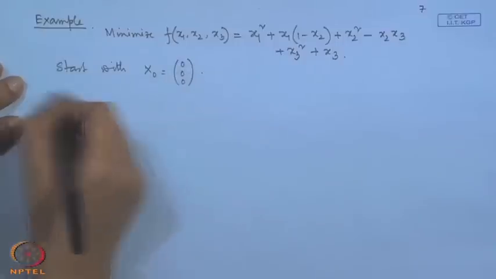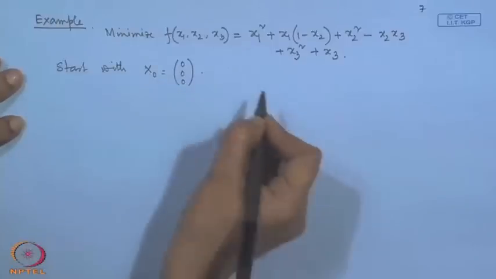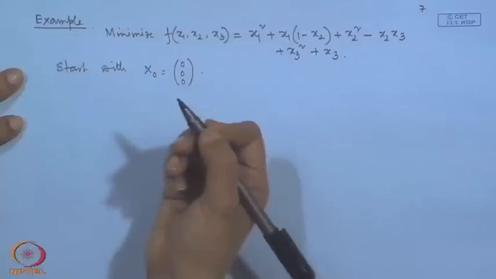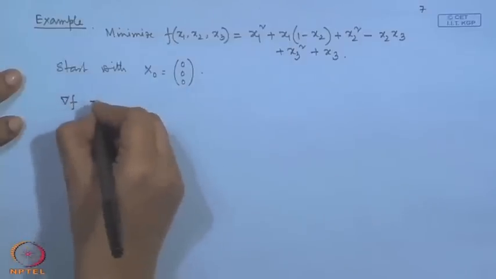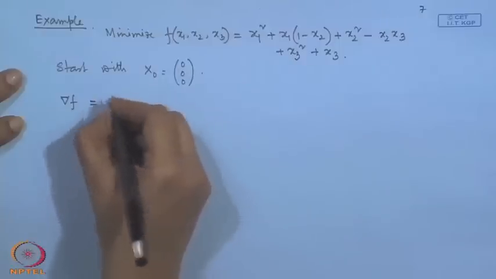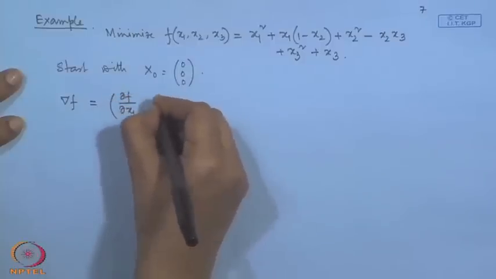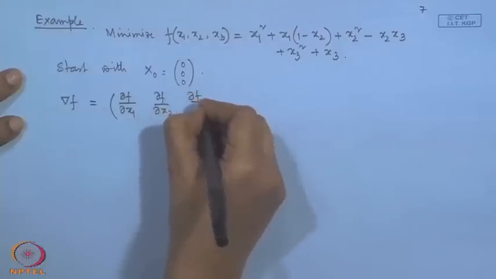Now, let me start the process. What we want is that x naught should move to x1, where x1 is equal to x naught plus lambda naught S naught. Let us first find the grad of function f. This is del f by del x1, del f by del x2, del f by del x3.